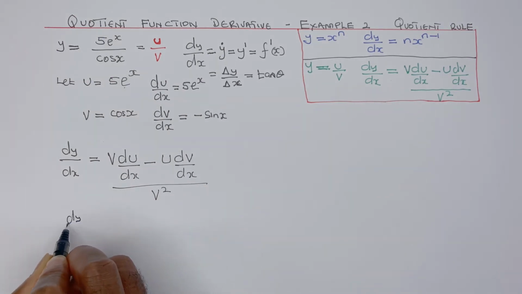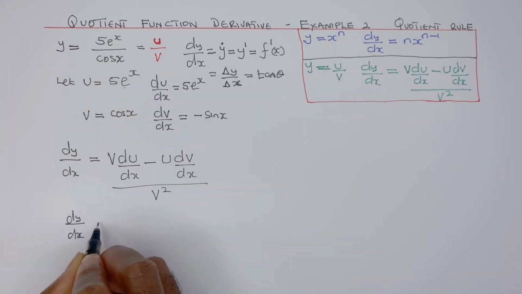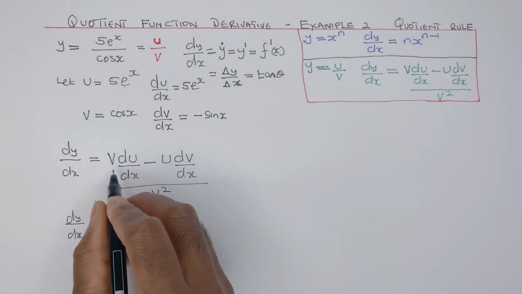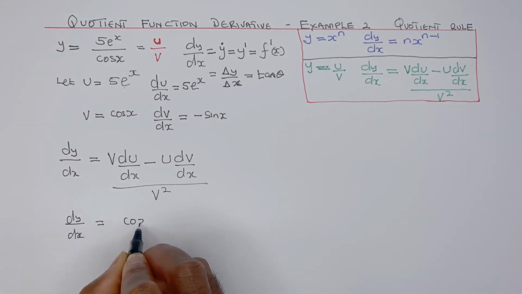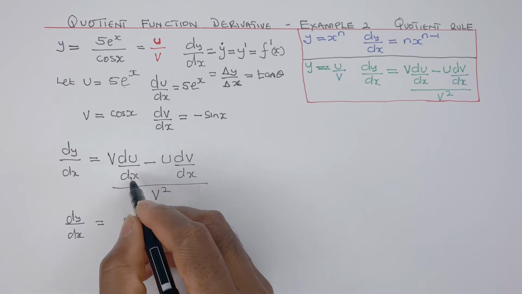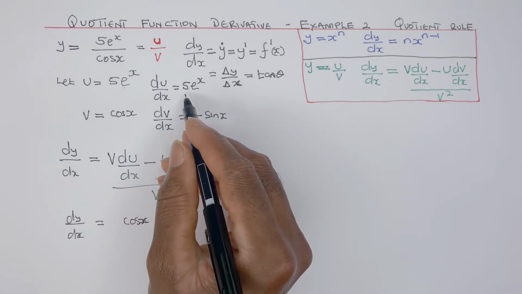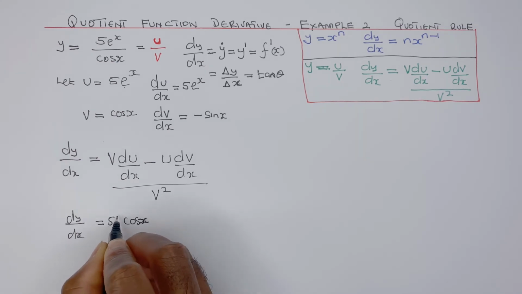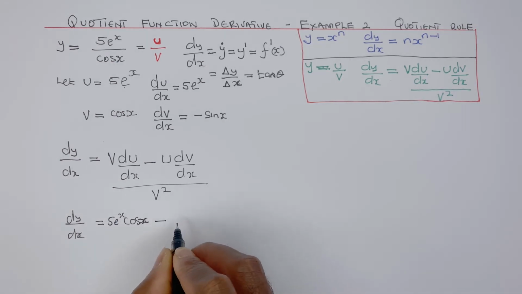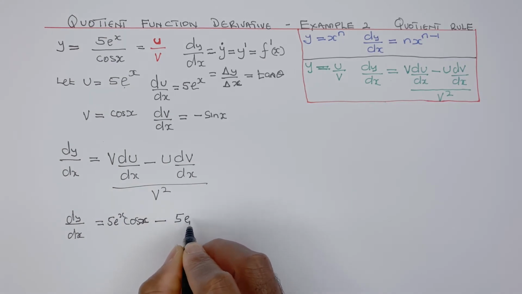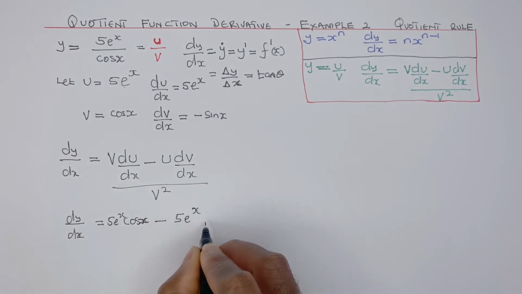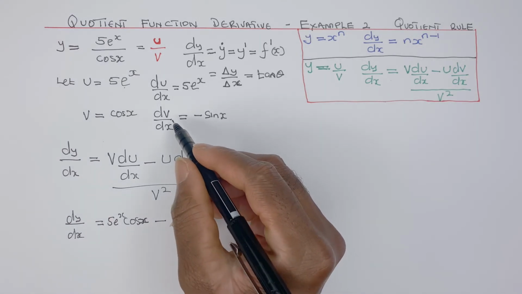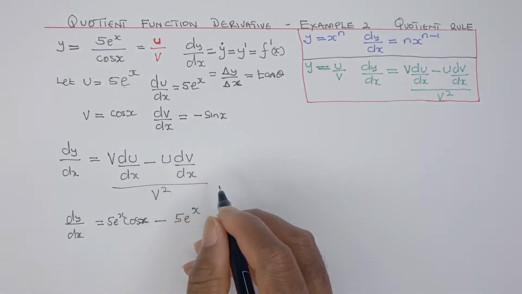So dy/dx will be v, which is cos of x, and du/dx is 5e to the x. So I will put that here, 5e to the power of x, minus u, which is 5e to the power of x, and dv/dx is minus sine x.